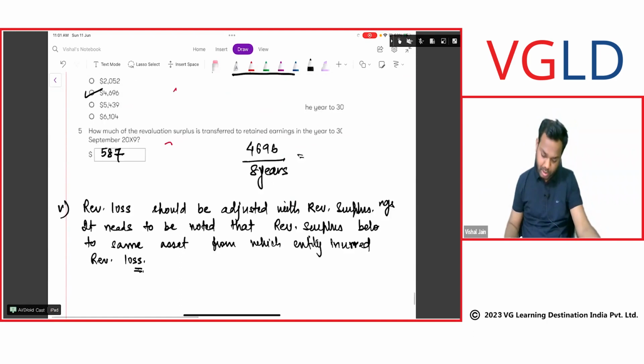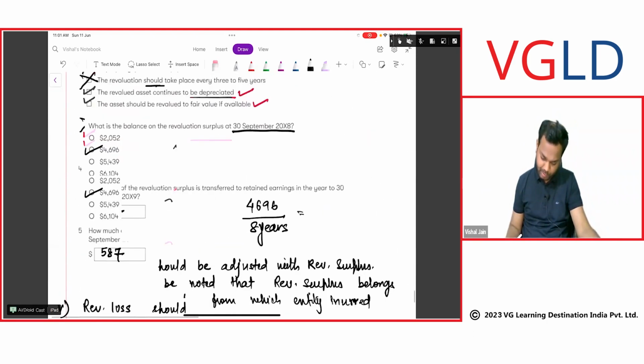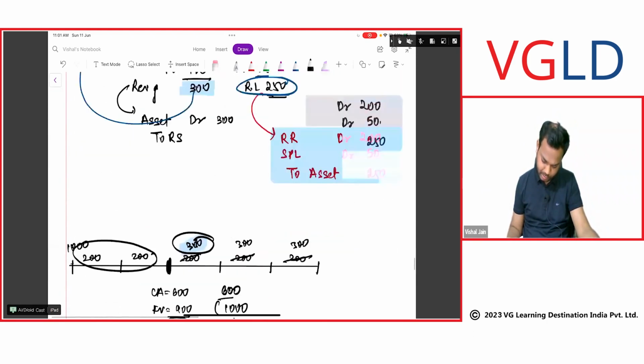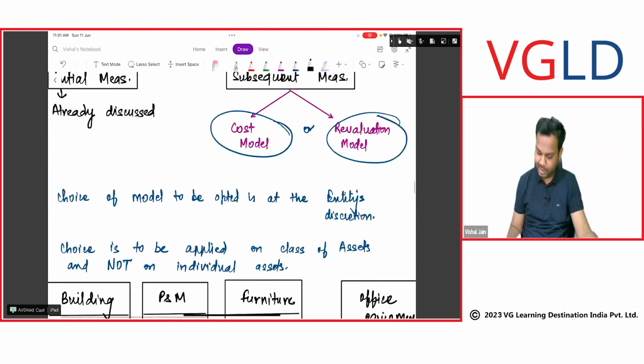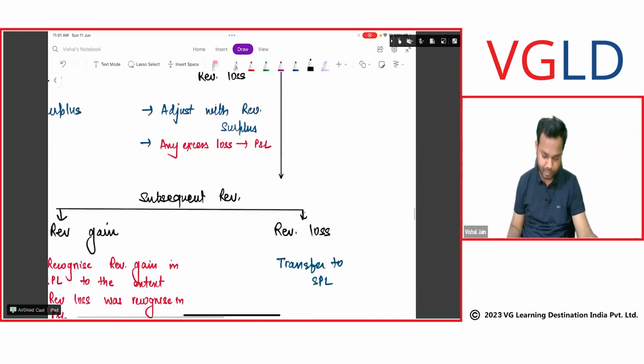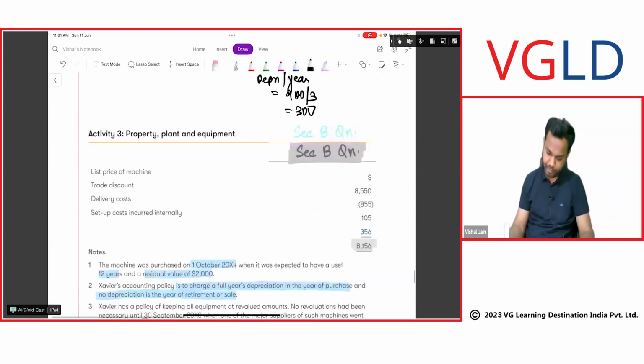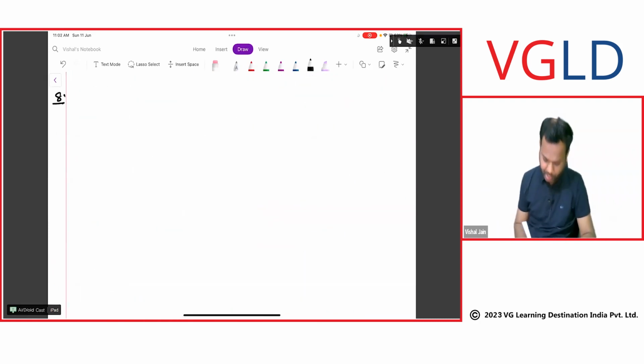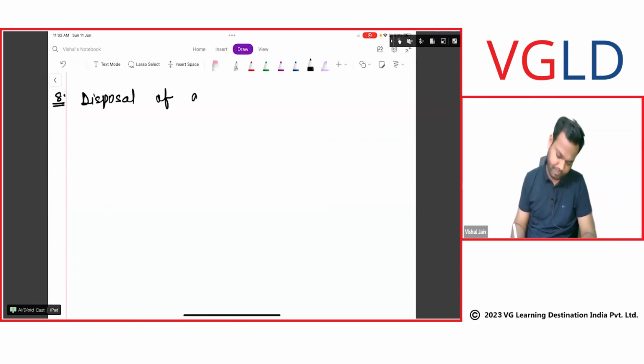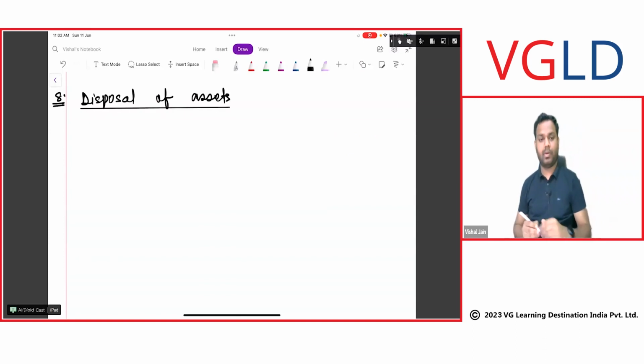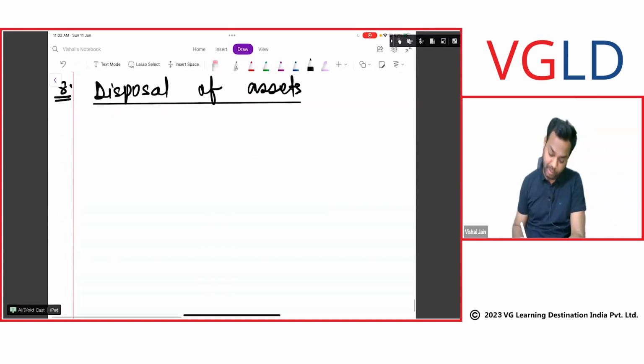Now, next point, point number 8: disposal of assets. So on disposal, what you do?